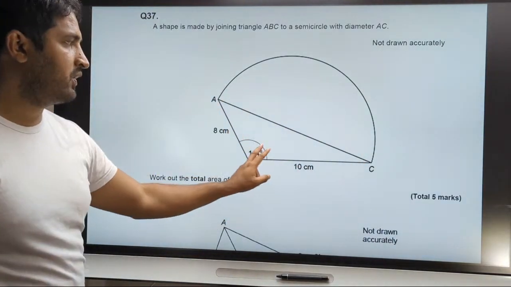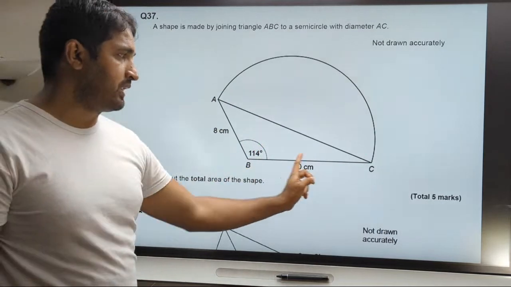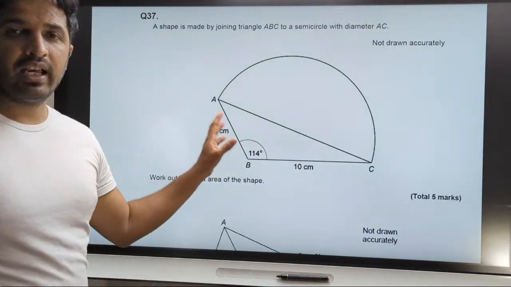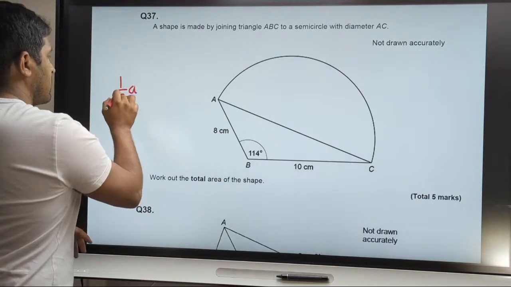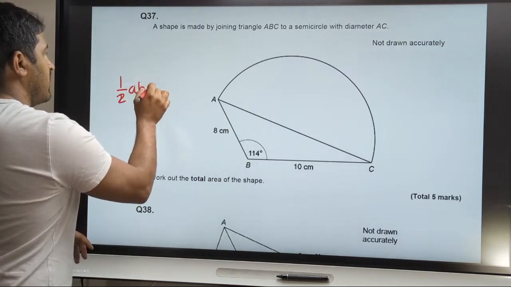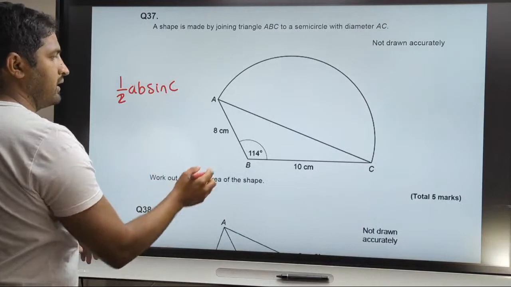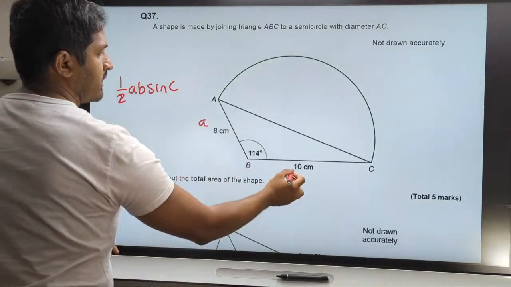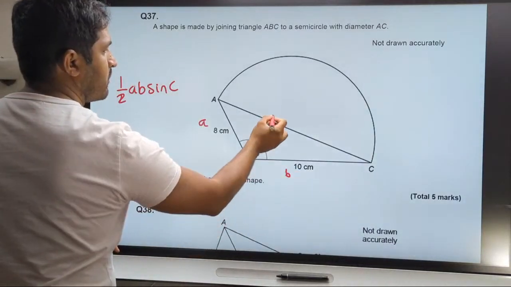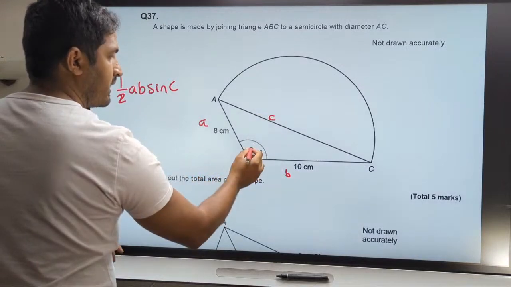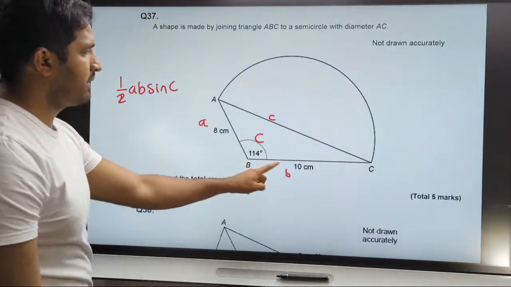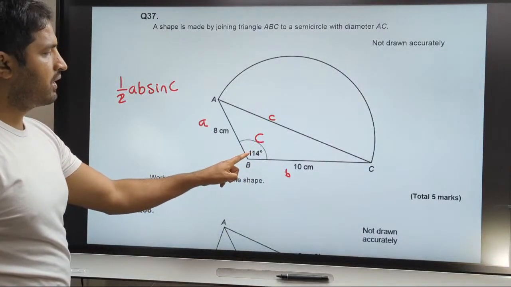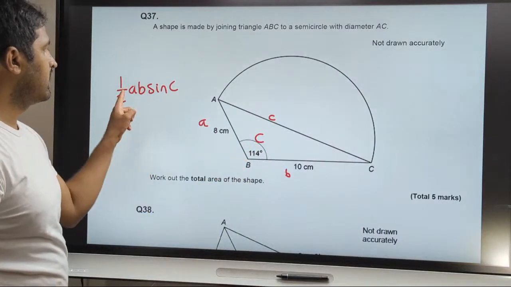We can work out the area of that triangle because we know that's 10, that's 8, and the area of the triangle is half ab sine C. So we're saying this is your a, this is your b, and that would be your angle C. So we're saying 8 times 10 times sine of 114 times half.